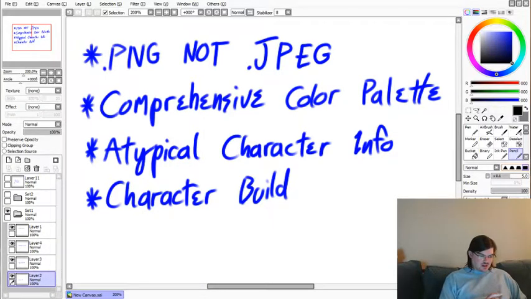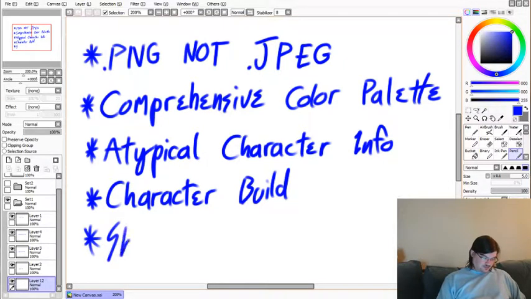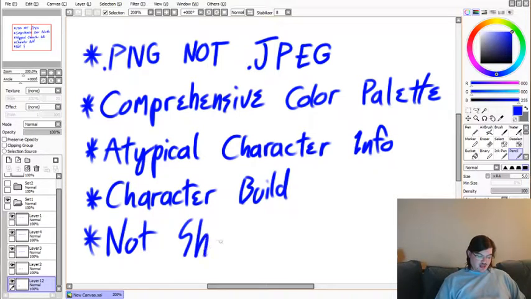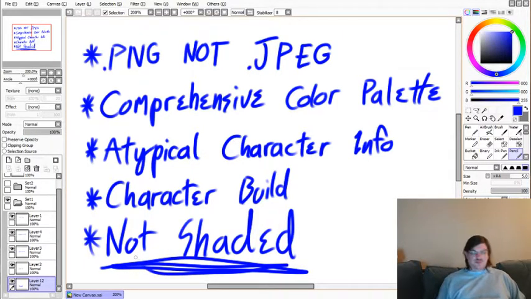And yes, one important point that I forgot to write down ahead of time. You want to make sure that your character reference sheet is not shaded. That is incredibly important.